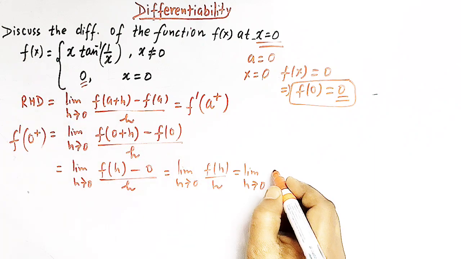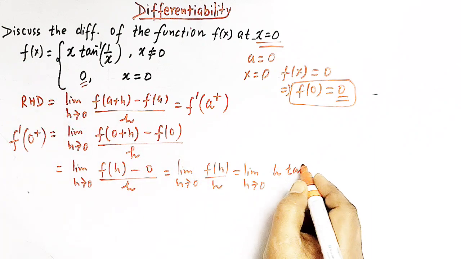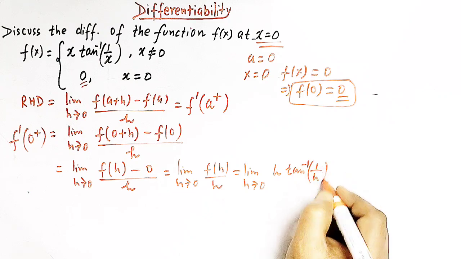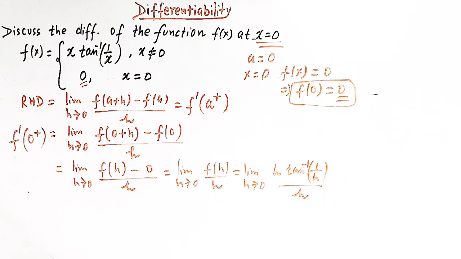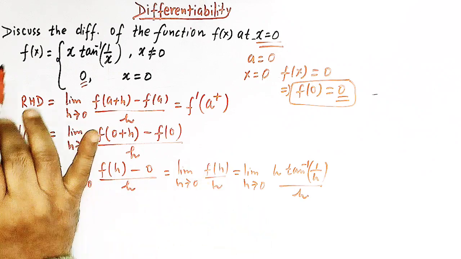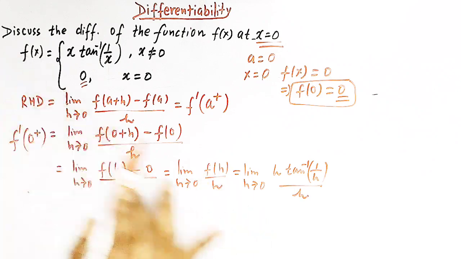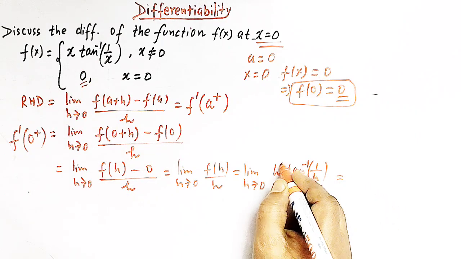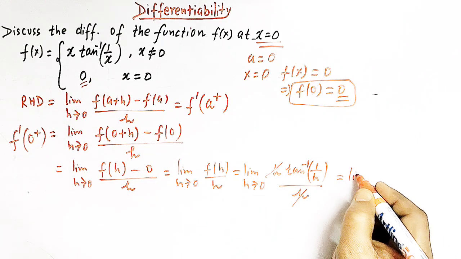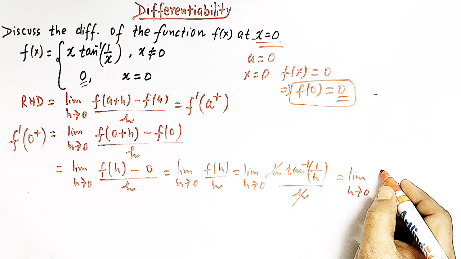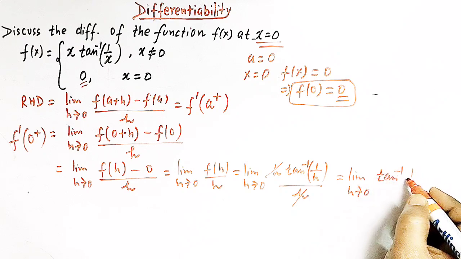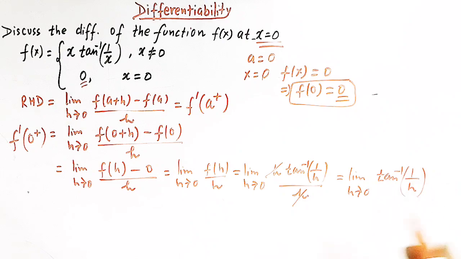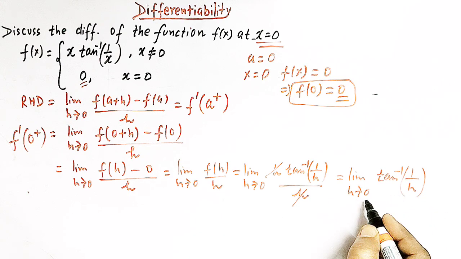So we have here h, then we have tan inverse 1 over h, and here we have h, right? So f of h is obtained by replacing x by h in this function. So now this h and this h get cancelled. We have limit h tends to 0, and here we have tan inverse 1 over h. So now we have to evaluate this limit. Now see here h is tending to 0.